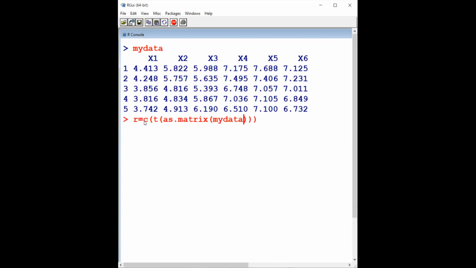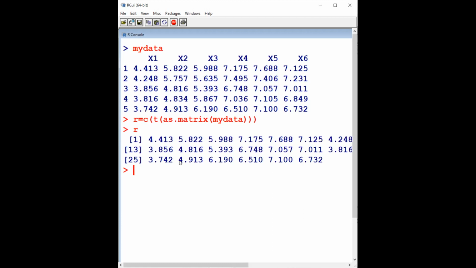The name of my data set is mydata. So you can just call it in R and see. Here the first row has been concatenated, and then you have the second row, like that.